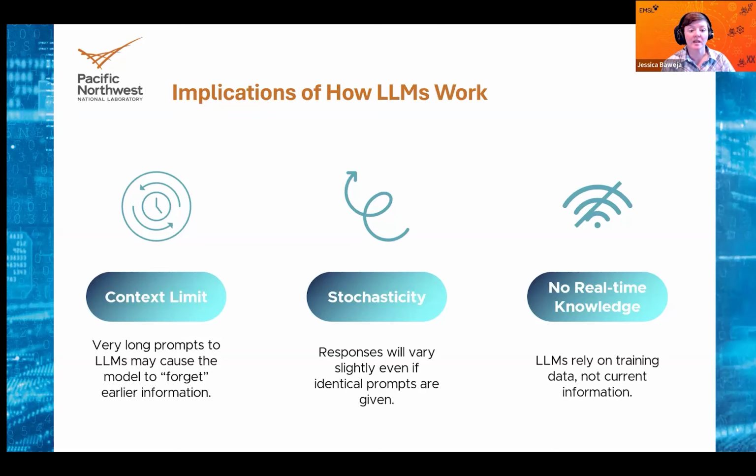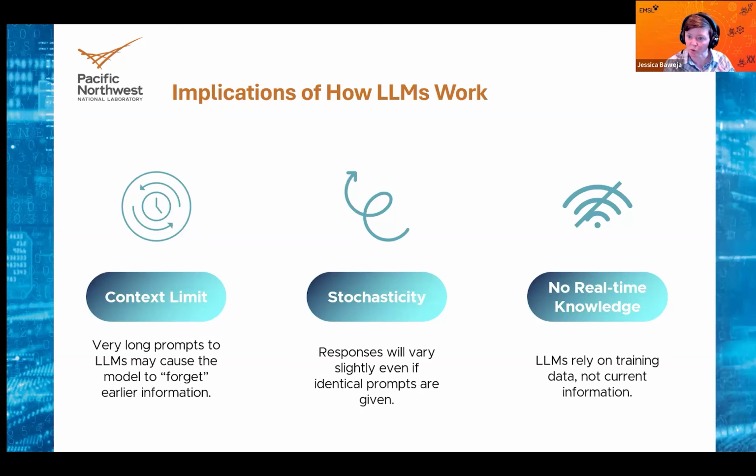The other thing to keep in mind is that, just like I explained, these models are not relying on real-time knowledge. Now, there are some exceptions to that. Those of you who interact with ChatGPT know that there's a little toggle that can allow that model to go out to the internet.